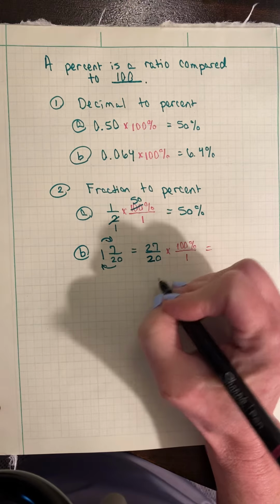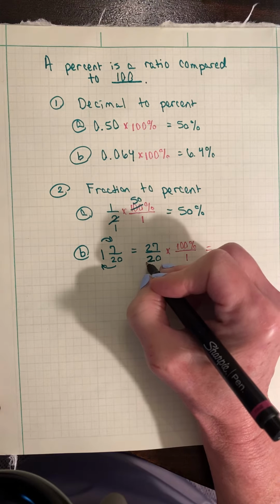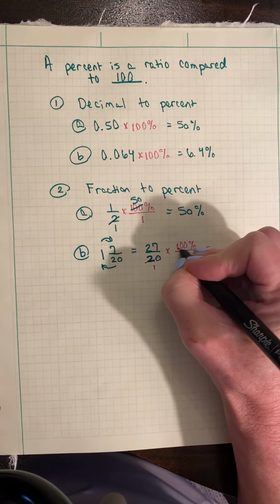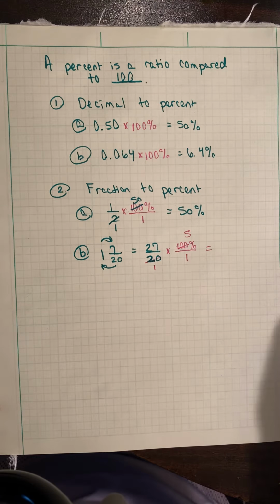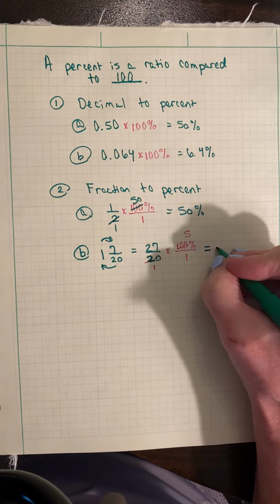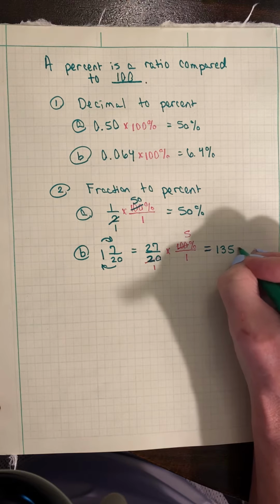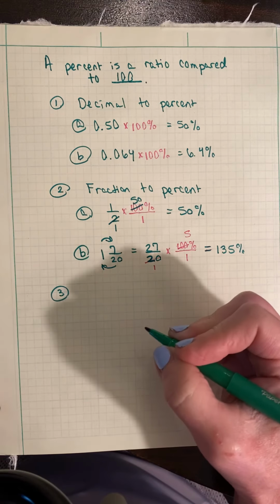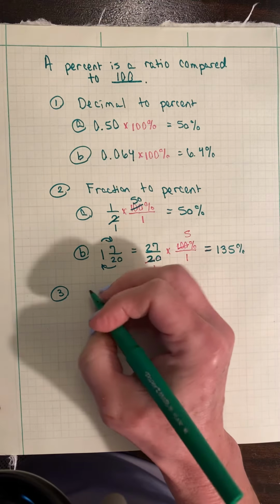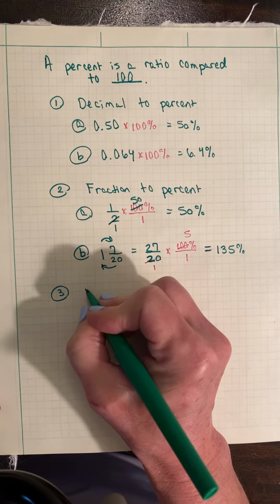And I'm going to go ahead and do some reducing, make it a lot easier. 20 goes into itself 1 time and into 100 5 times. And 27 times 5 is going to give me 135%.